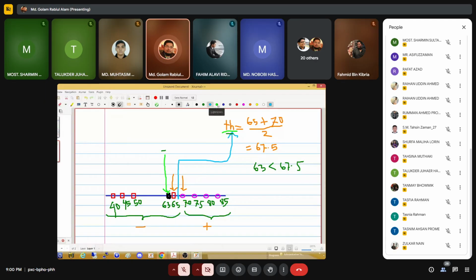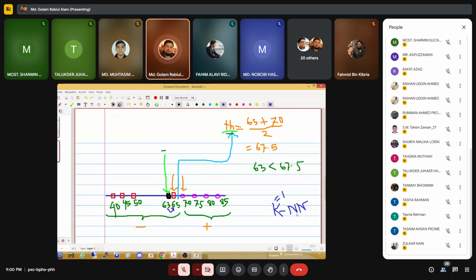If we consider K equal to 1, then the nearest neighbor to 63 is 65, and that one is negative, our red rectangle. That means negative: the patient has no obesity.